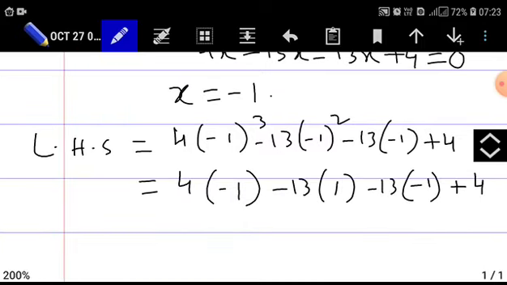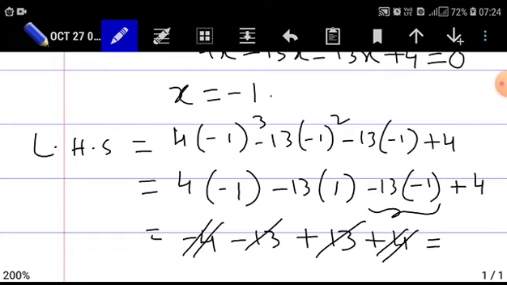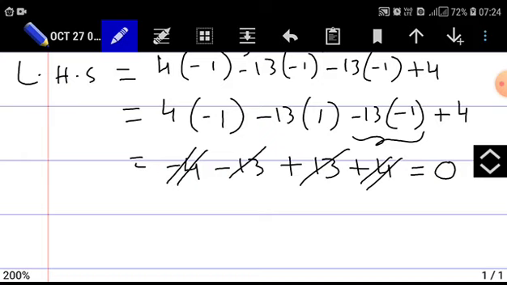In the next step, 4 into minus 1 is minus 4, minus 13 into 1 is minus 13, and for the third term, minus of minus will be plus 13, plus 4. So minus 13 plus 13 will get cancelled, and minus 4 plus 4 will get cancelled. Overall the LHS is going to become 0. That means for x equal to minus 1, f of x is becoming 0.